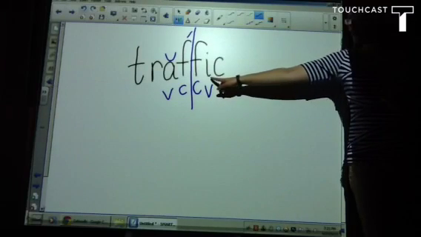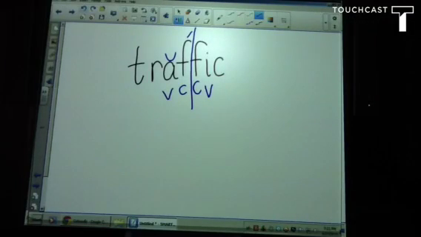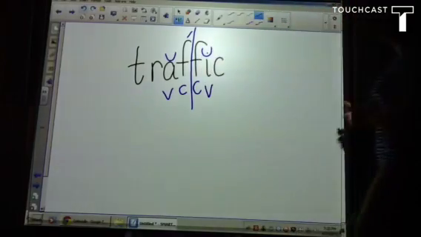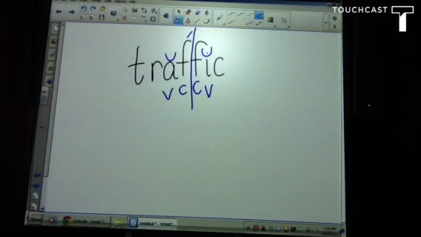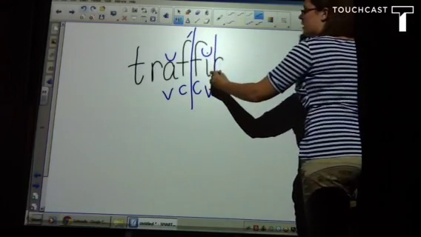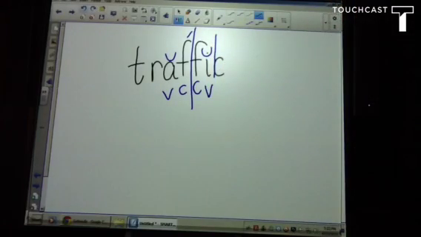Now look at the I. Is it followed by a consonant? Yes. How do we code a vowel that's followed by a consonant? With the breve. Very good. Does our word need any other coding? The K back. Very good. This C is making the K sound, so we're going to put a K back on it.